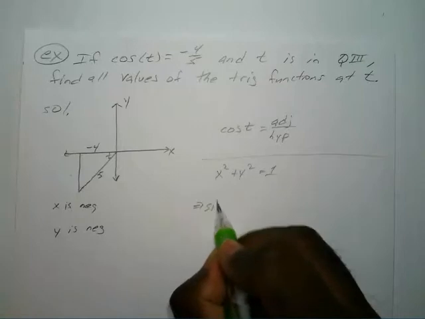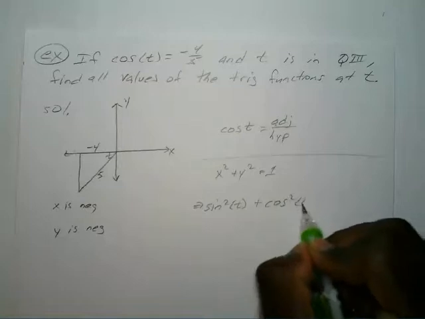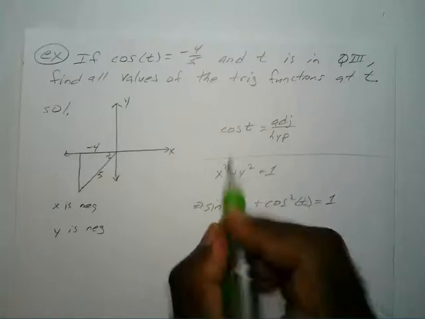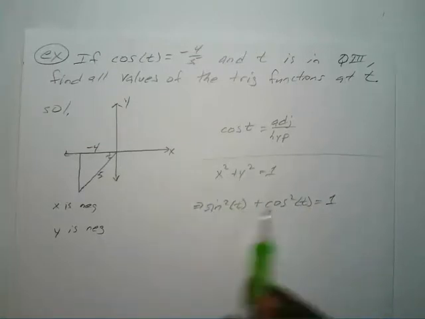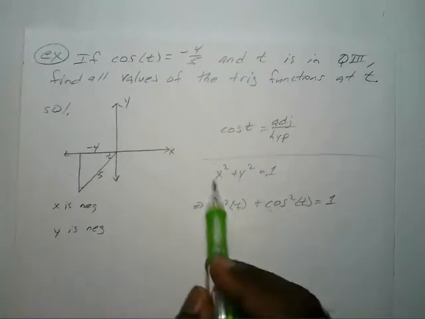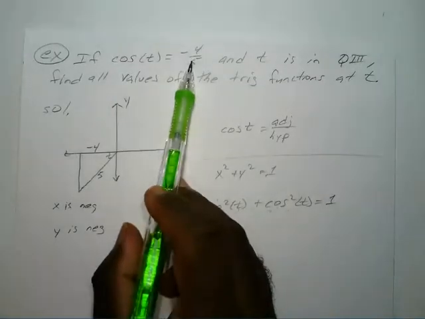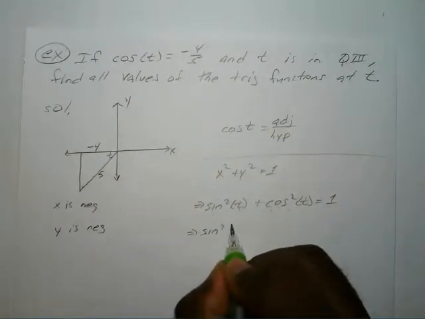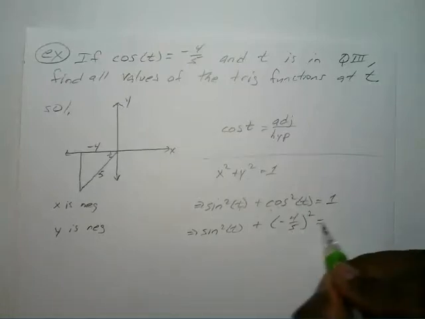I always do sine squared plus cosine squared equals 1, because y is sine and x is cosine, but it's just habit for me to put it like that. So don't think that I switch those up. We already know our cosine. It's negative 4 over 5. So that's sine squared plus negative 4 over 5 squared equals 1.